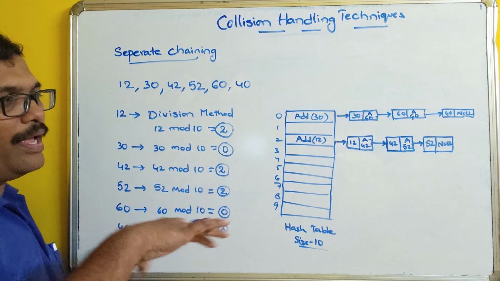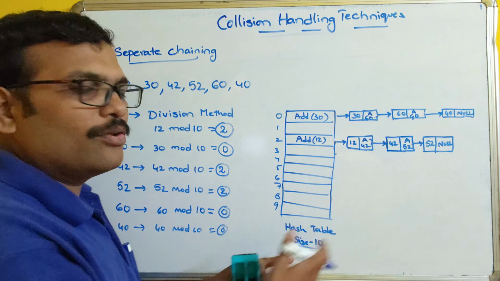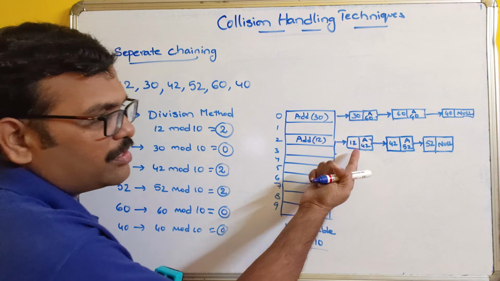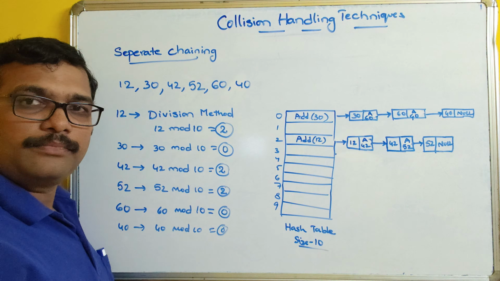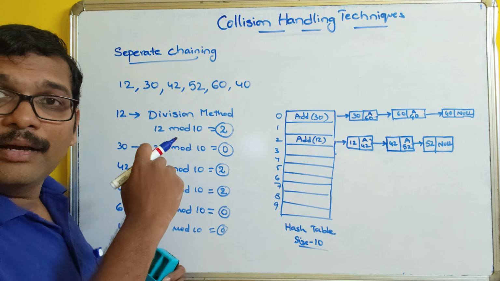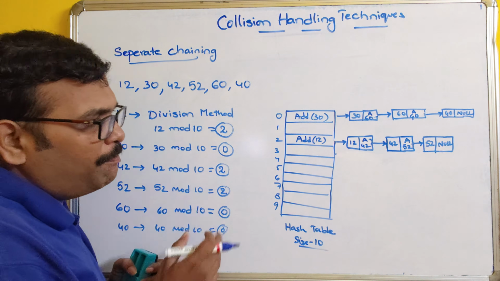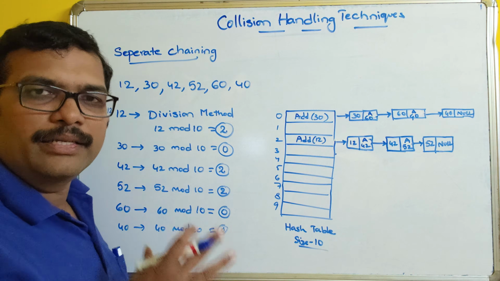This is the way we are separating all the elements in the hash table. We just add the address of the first node in the hash table. If any key produces the same hash code, then simply insert one more node in a single linked list.